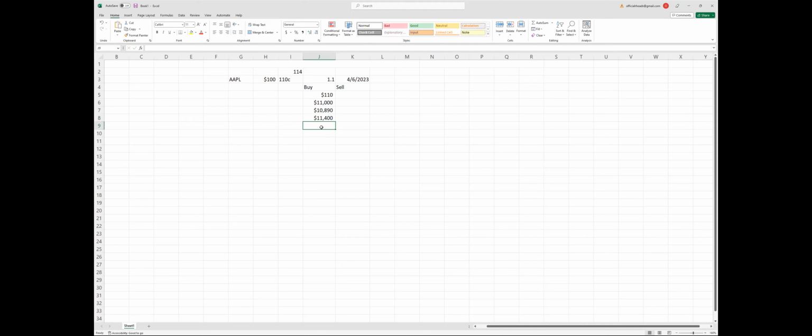And then this is your profit, this minus this. So in this trade, you make $510, but Apple had to go up 14%, just as an example. So again, you're making $510 risking $110. This is if you exercise the option and everything.